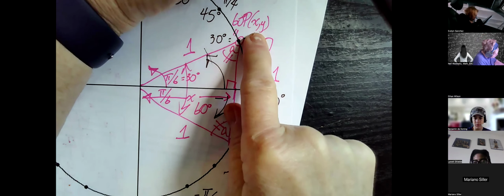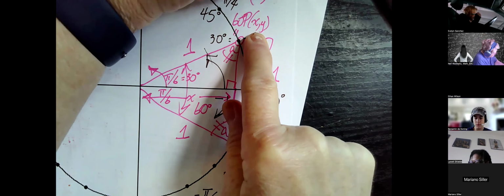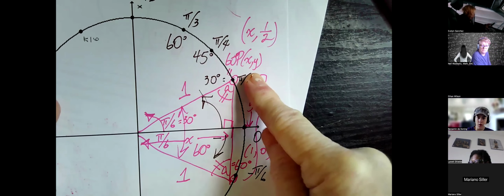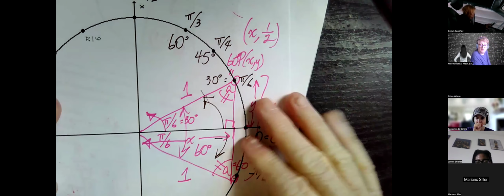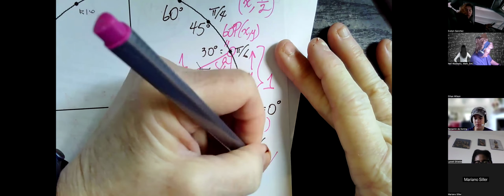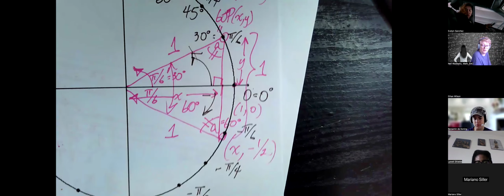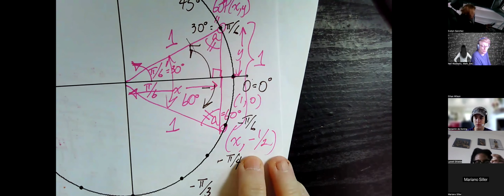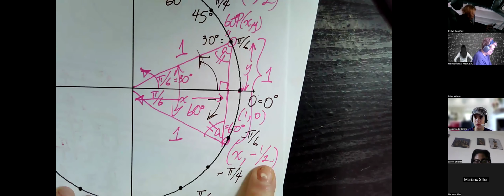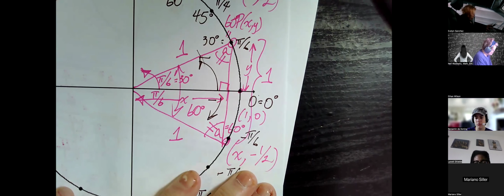So we know that Y is 1/2 because we're moving positively. And we even know this one. This is negative 1/2, because it's in the negative direction and it's on the negative Y-axis.